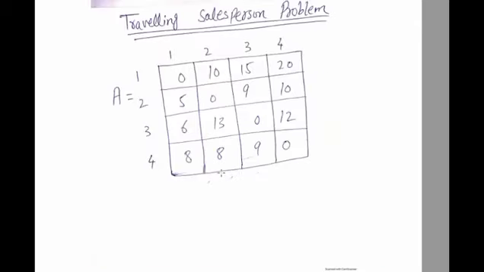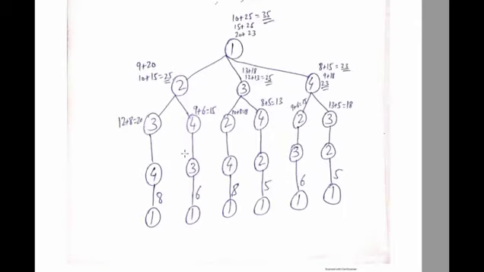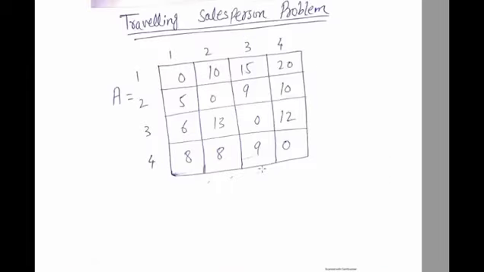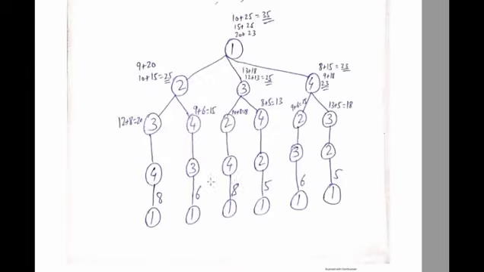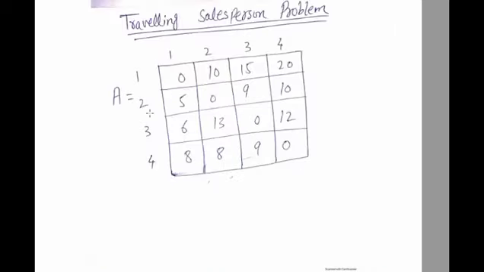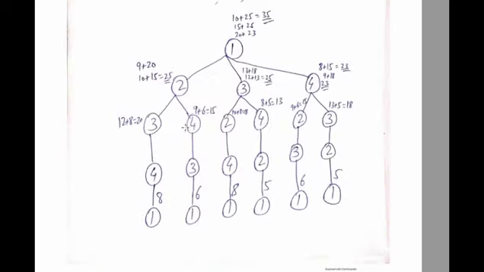If the salesperson is at the vertex 2, then what is the distance from the vertex 2 to 1? 2 to 1 is 5, so we'll write 5 here. If the salesperson is at the vertex 3, what is the distance from vertex 3 to 1? 3 to 1 is 6, so we'll write 6 here. If the salesperson is at the vertex 2 here, what is the distance from the vertex 2 to 1?